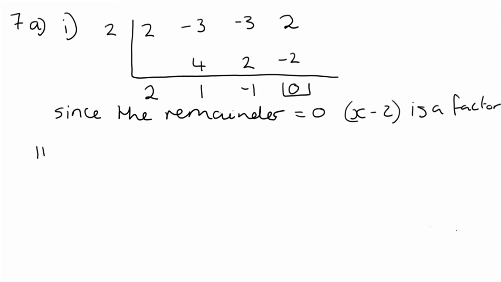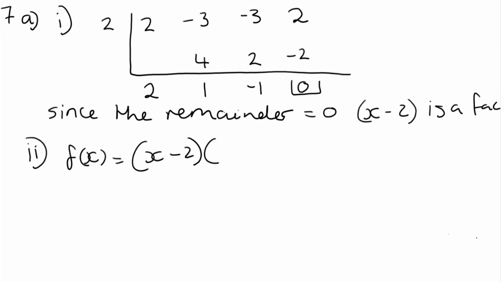Part 2, factorize fully. Okay, so the function is going to be x minus 2 to start with. Don't forget that first bracket, you'll lose a mark. Okay, so x minus 2 is your first bracket, and then it's 2x squared plus x minus 1. We get those 3 answers from these 3 numbers here. Okay, so 2x squared plus 1x minus 1.